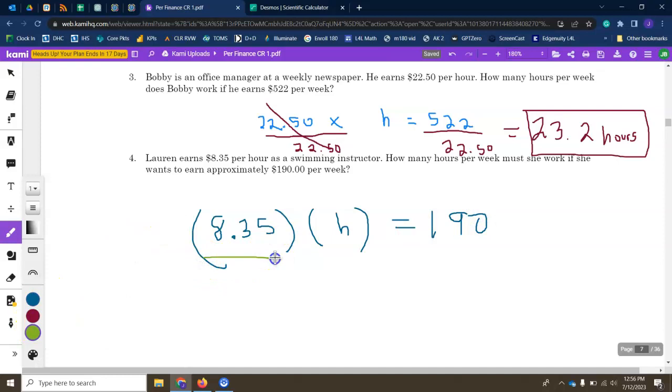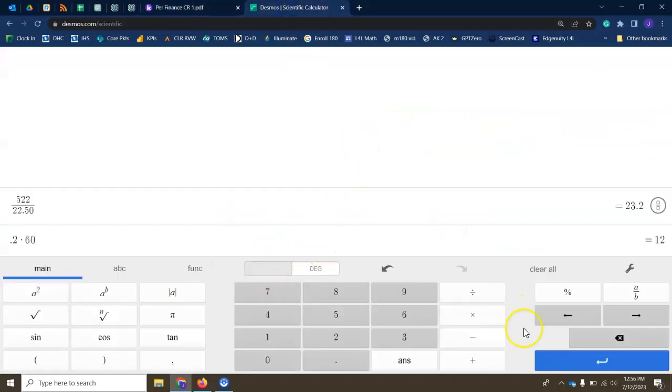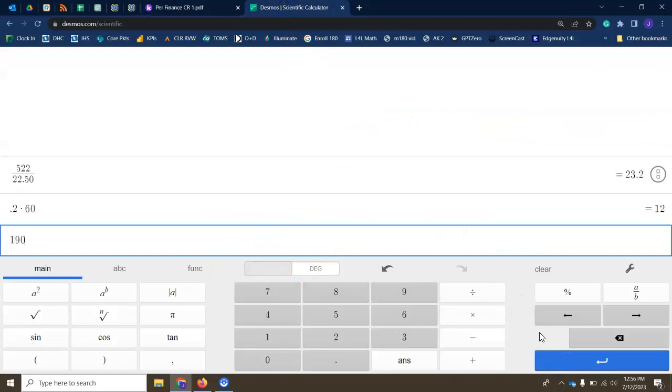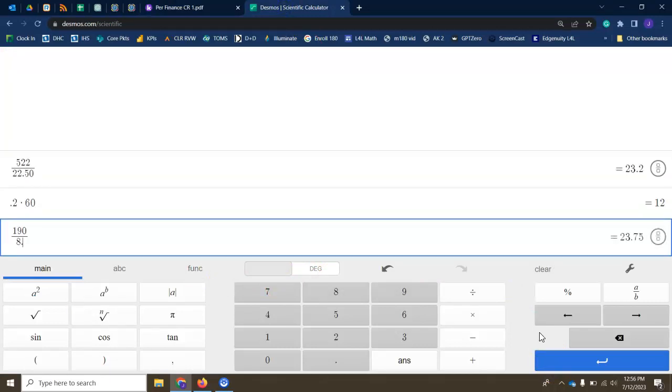We are going to divide to get H by itself. So $190 divided by 8.35 will be our answer for H. $190 divided by 8.35 equals 22.75449102. Ooh, it's really close.